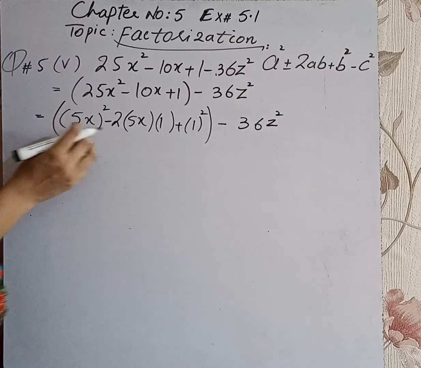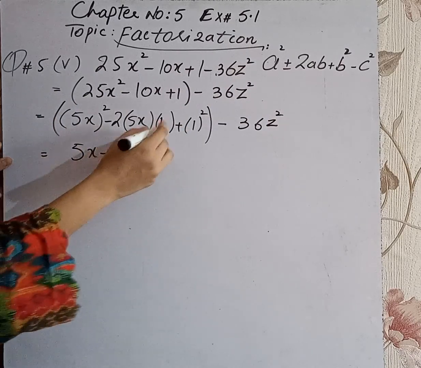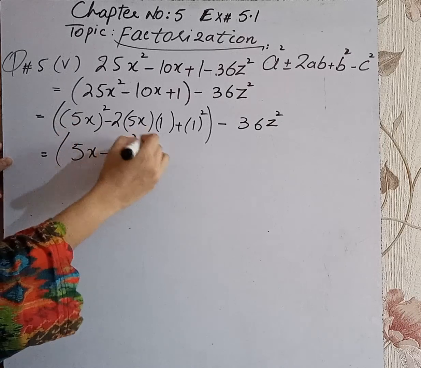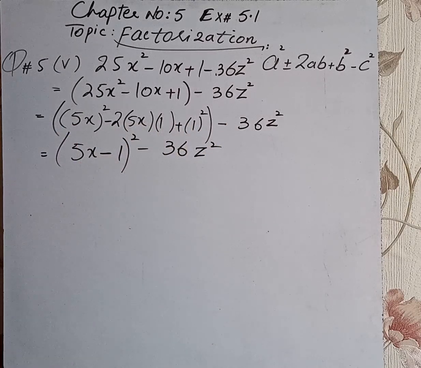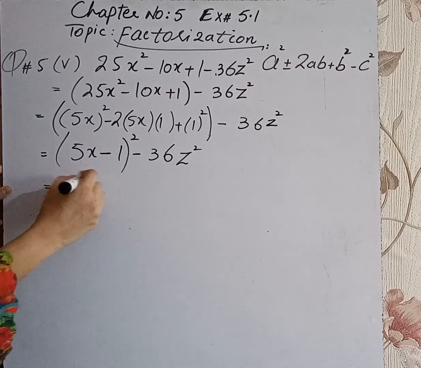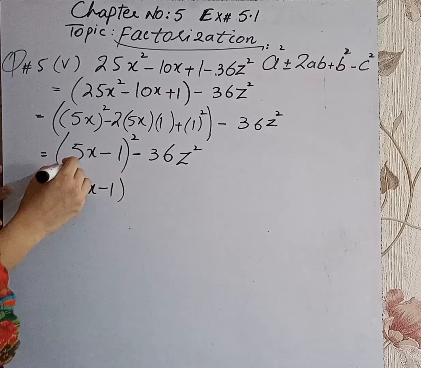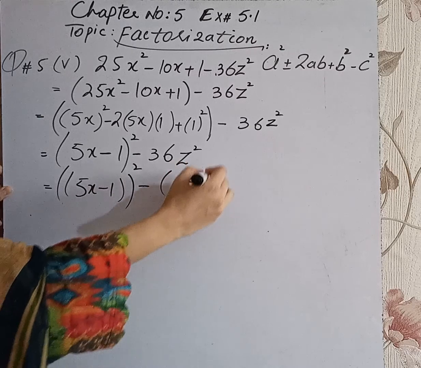This will be closed as a minus b whole squares. What is a? 5x. Minus, what is b? 1. Minus 36z squares. So now we are going to check for the perfect squares. 5x minus 1 square is the square of 5x minus 1. 36z squares is the square of 6z.